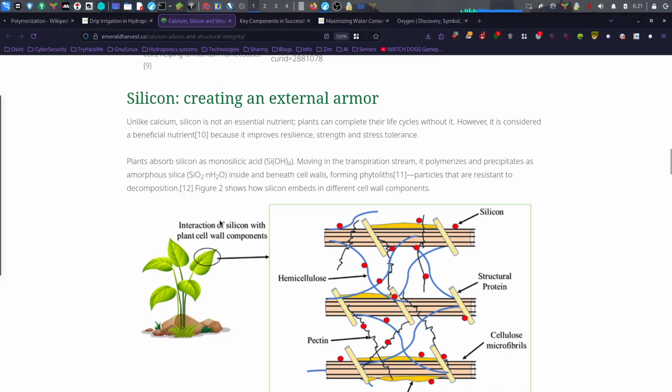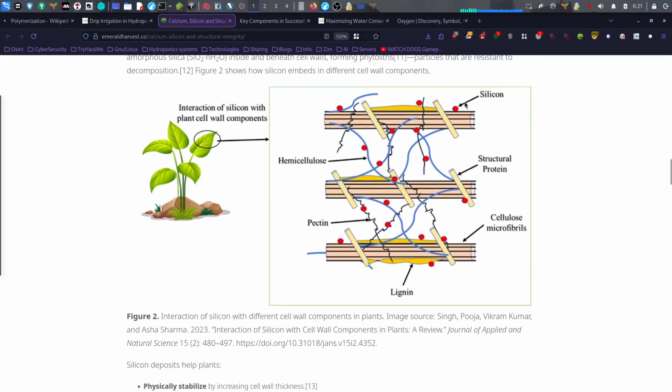Figure 2 shows how silicon interacts with the different cell wall components: silicon, hemicellulose, structural protein, cellulose microfibers, pectin. I think this tube forms in the pores.